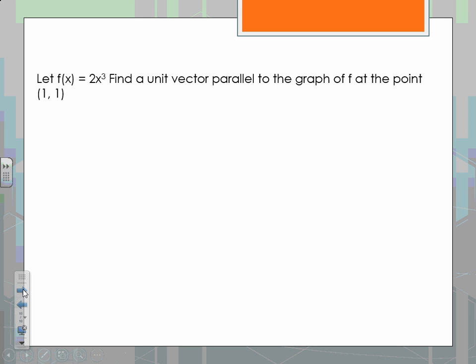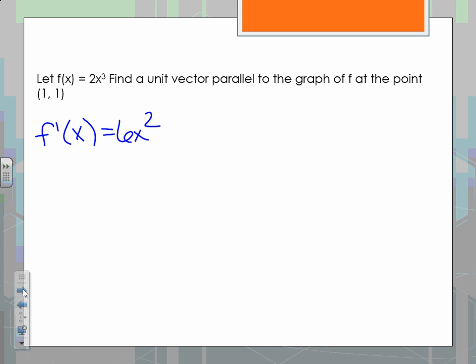Okay. We have a function to execute. I want a unit vector parallel to the graph of f at the point (1, 1). Well, if I'm talking about a vector parallel to the graph at a point, what do you think is important? The derivative.